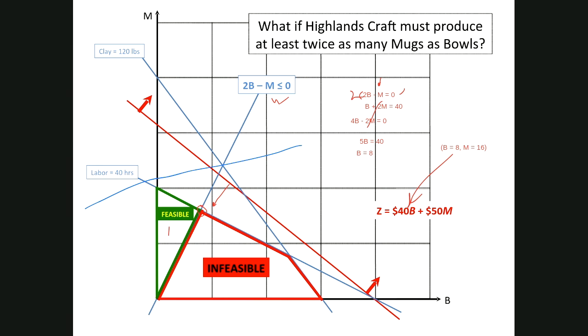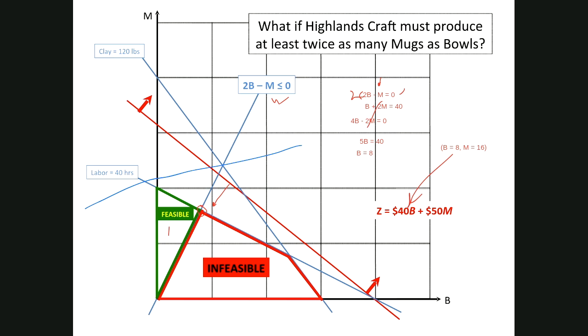So the feasible region will either stay the same size or be decreased. It'll never increase by adding constraints, which is, interestingly, common sense. The more constraints you add, you cannot increase the number of possible solutions that you have.